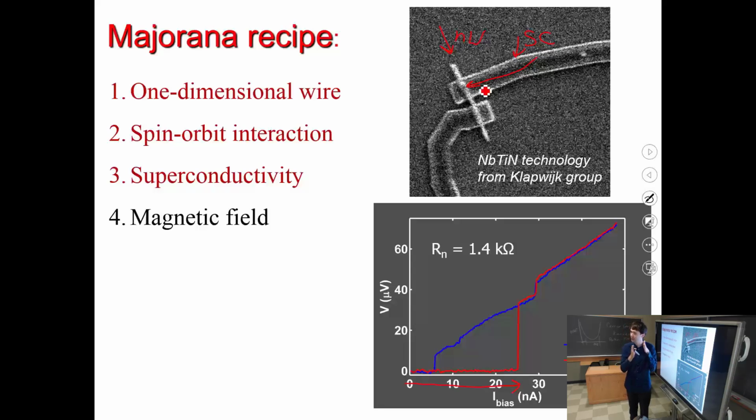Close to the superconducting contact, there is a region in the semiconductor which is proximitized, superconducting by proximity to a bulk superconductor. And we are going to be creating a topological phase in this proximitized region.